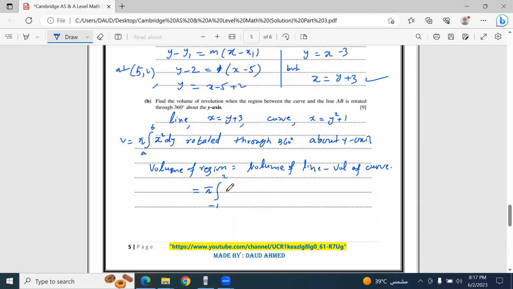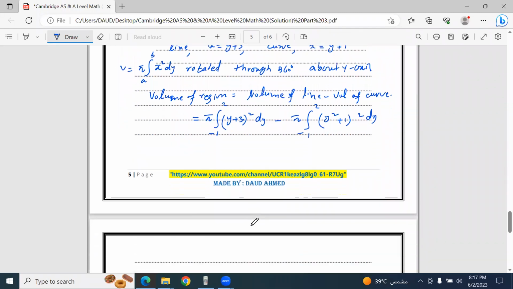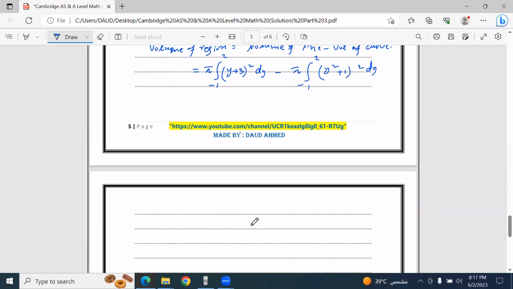So x square of the line will be (y plus 3) whole square dy, then minus pi, -1 to 2, x square of the curve will be (y square plus 1) whole square dy. Next step, we will expand before applying the integration.